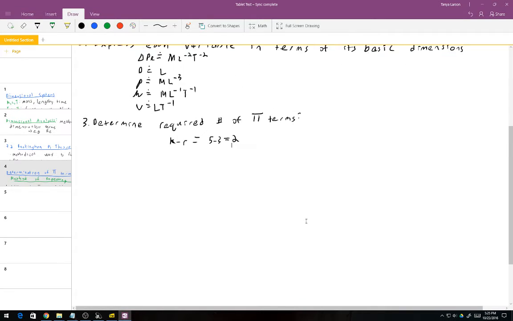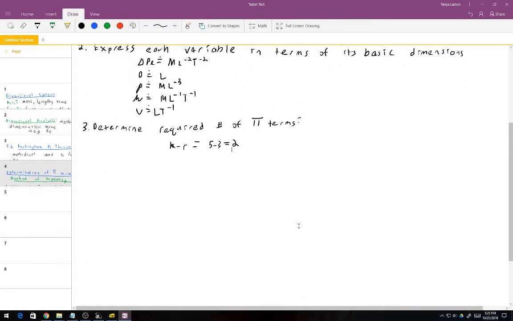Then I'm going to select r repeating variables. And what do I mean by repeating variables? Well, let's think about this.